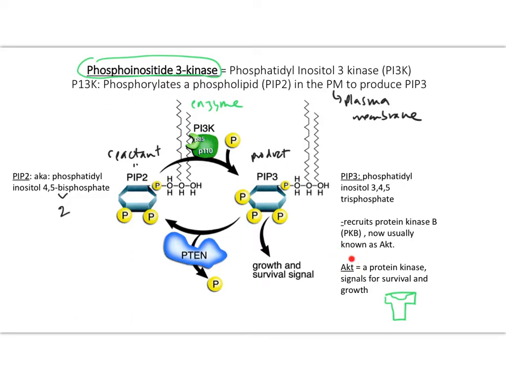So AKT is pretty similar in terms of its sequence to a viral gene. And basically this AKT protein kinase is what PIP3 will activate, and so that's what's going on over here, is that PIP3 will activate, if you will, growth and survival through this AKT protein.